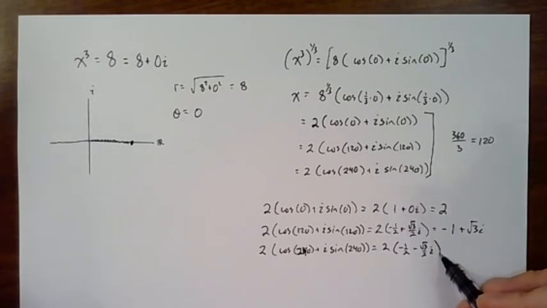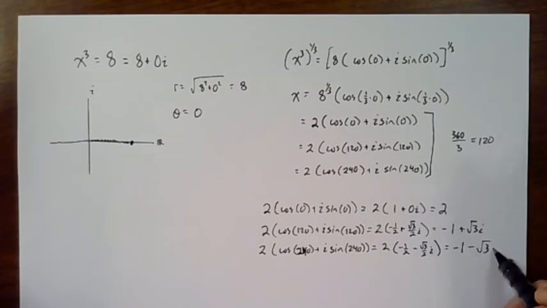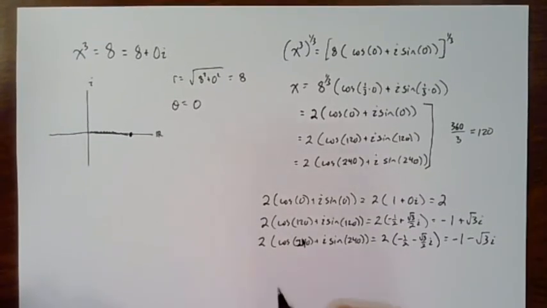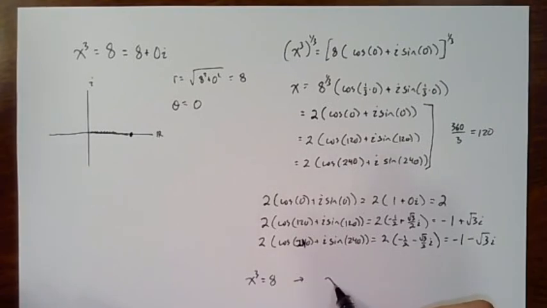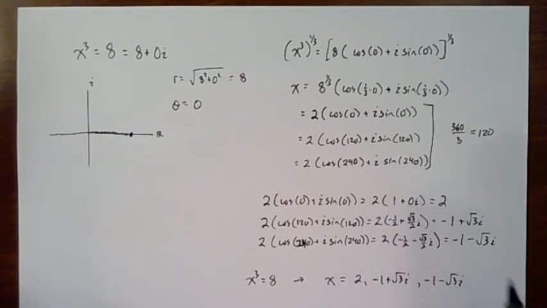And when we distribute that 2 through here, we get negative 1 minus square root 3 i. So our three solutions to x cubed equals 8 are x equals 2, negative 1 plus square root 3 i, and negative 1 minus square root 3 i.